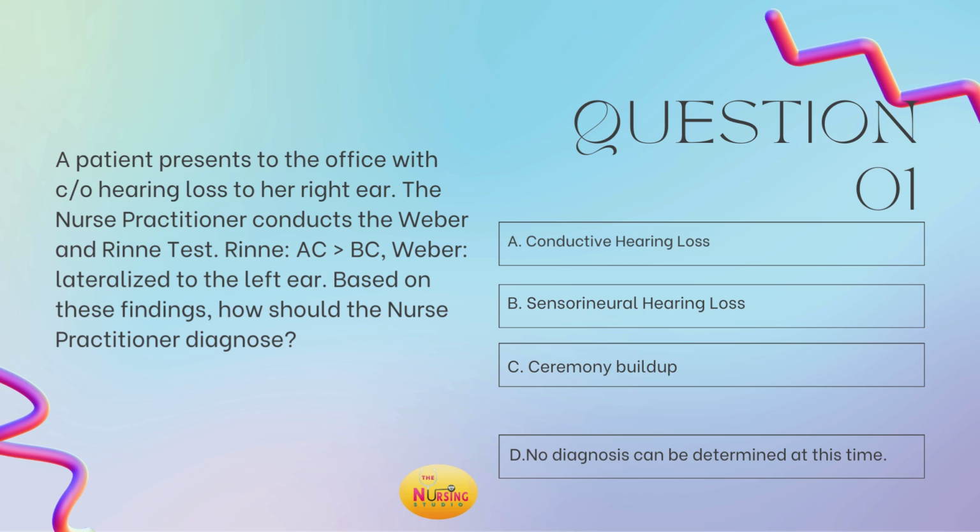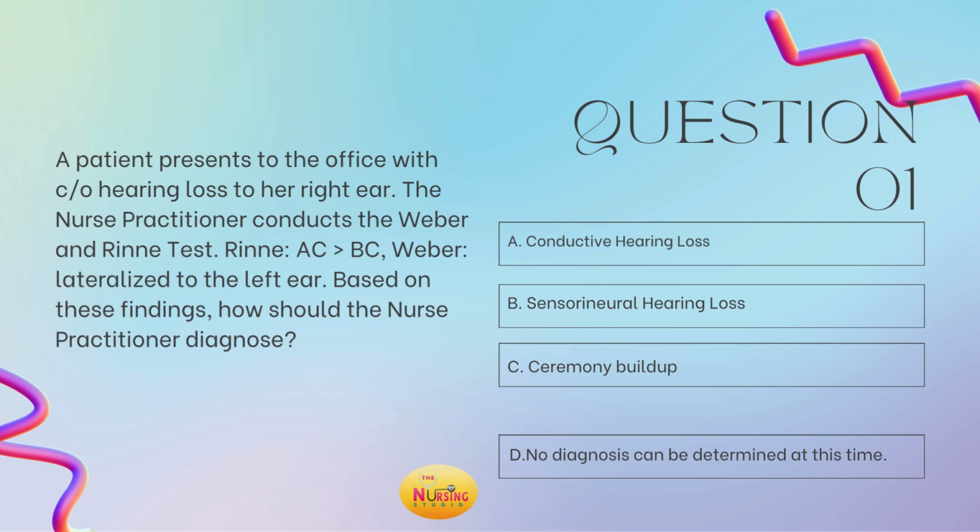Weber and Rinne done. We do the Weber and Rinne test to assess for hearing loss to determine the potential cause and source, so we know how to proceed with management and treatment, right? So the Rinne result was AC is greater than BC, which is the normal finding, what we want to find, right? And the Weber result was that it lateralized to the left ear.